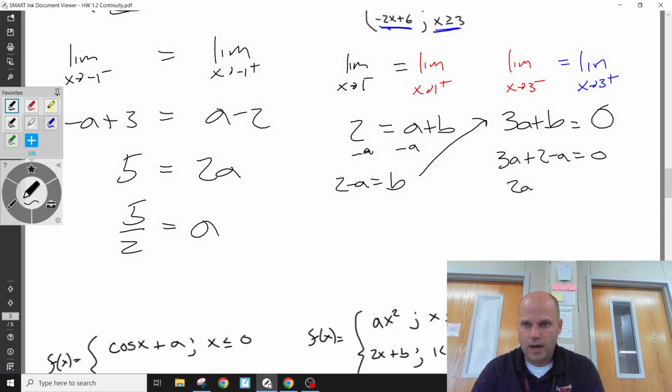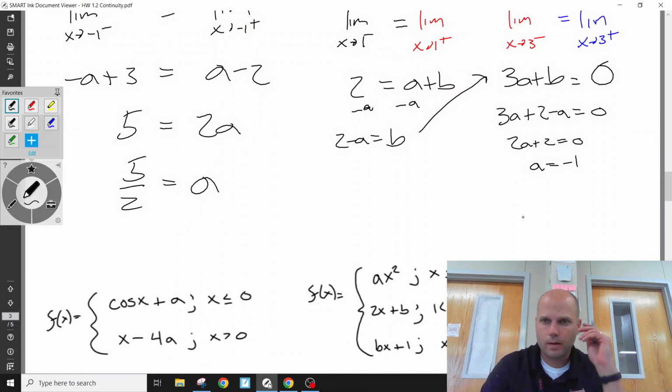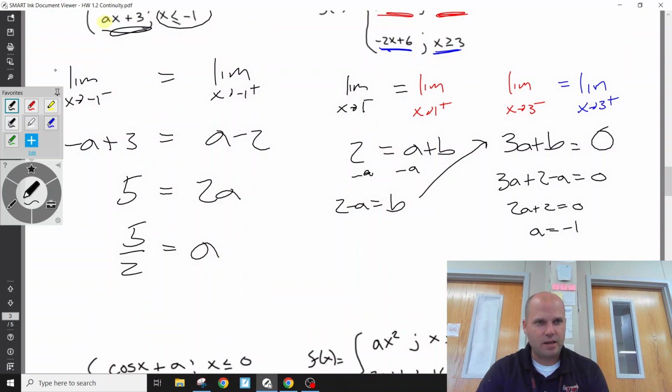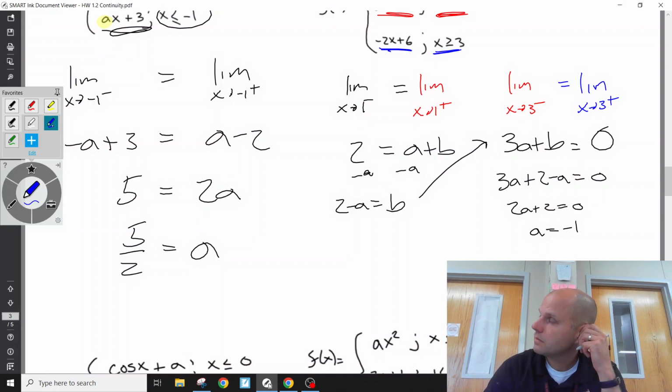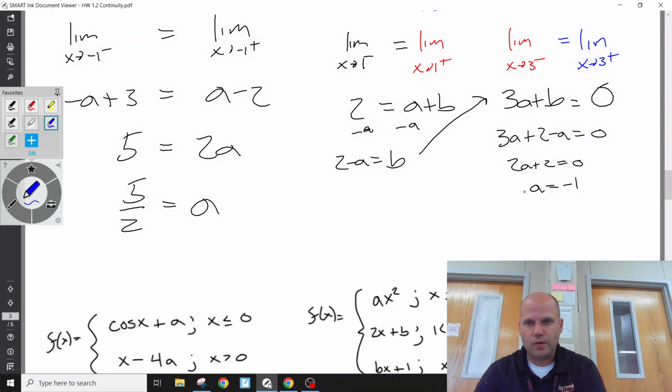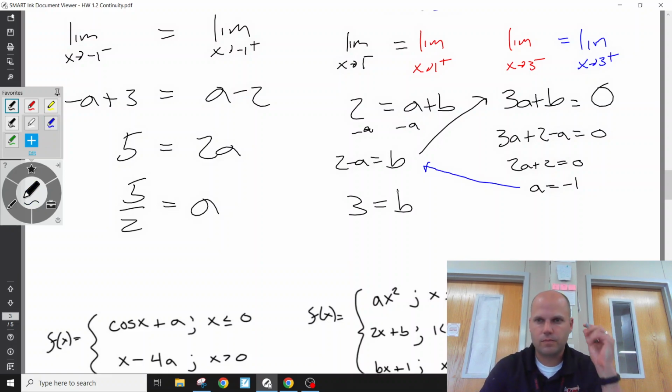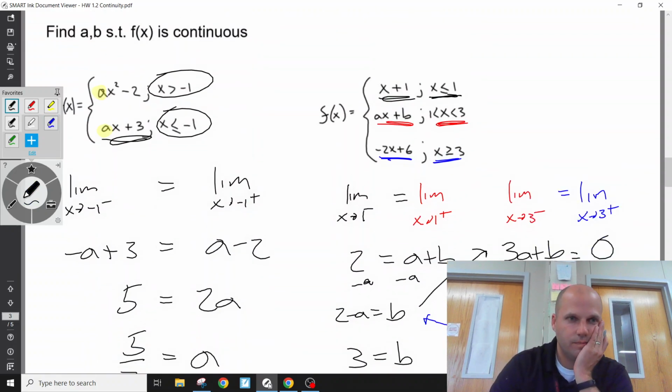And that's 2a plus 2 equals 0. That's going to be a equals negative 1. Once I get a, plug that in, we'll find b. 2 minus negative 1, b is 3. Okay, so negative 1 is a, b is 3.